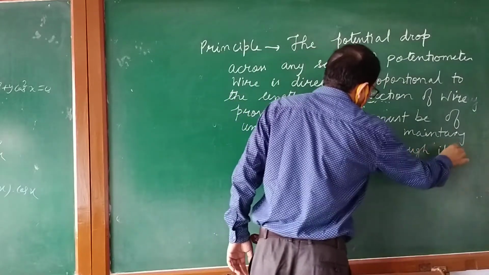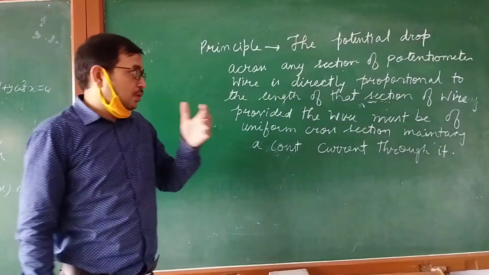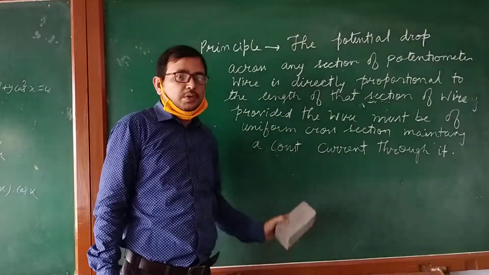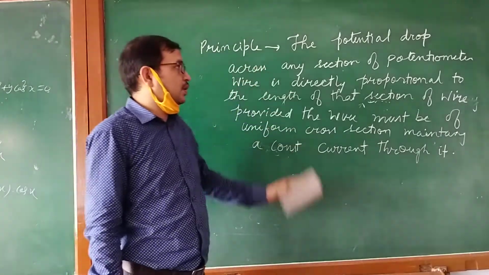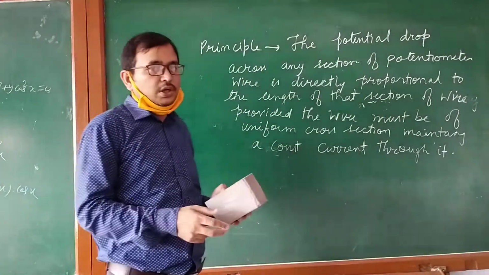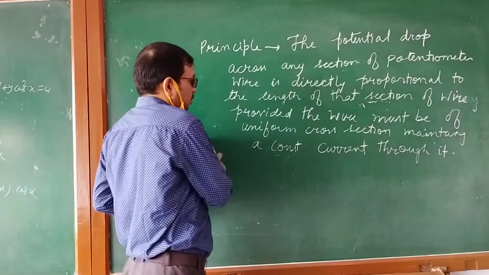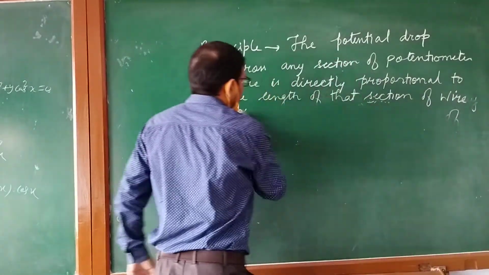So you can write the things in different ways, but the theme is that the potential drop across any section is directly proportional to the length of that section. Okay, this is the principle, and on this principle we have to work.